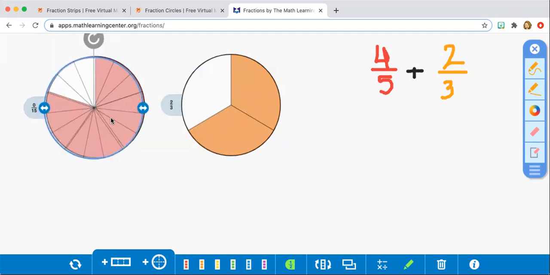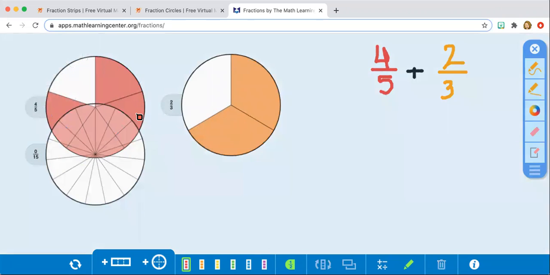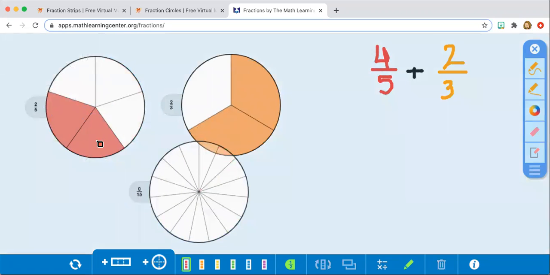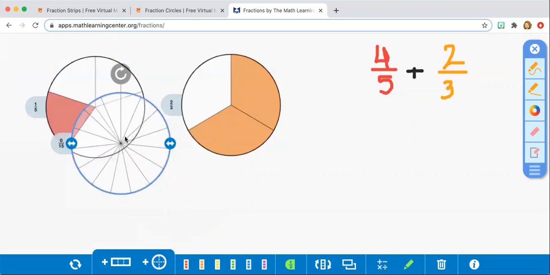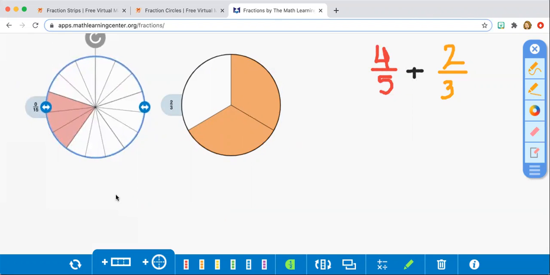And now I can show these equivalents, right? If we look, actually, maybe I'll turn this back into just 1/5 for a second. And let's look at, right, that's 1/5. Let's look at this equivalence. How many 15ths now is that? 1, 2, 3, right? 3/15 is the same as 1/5.